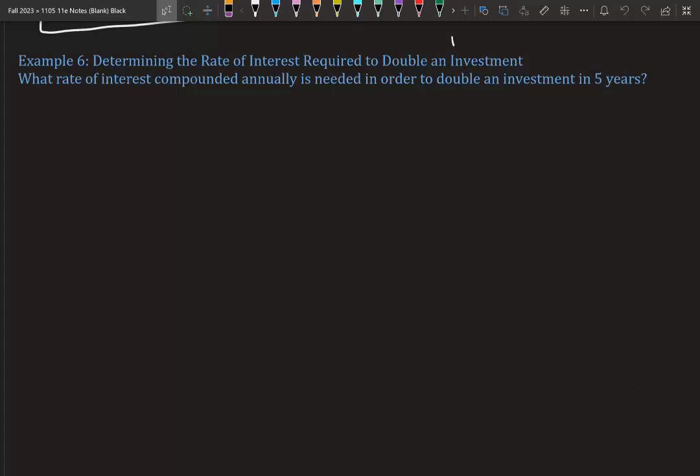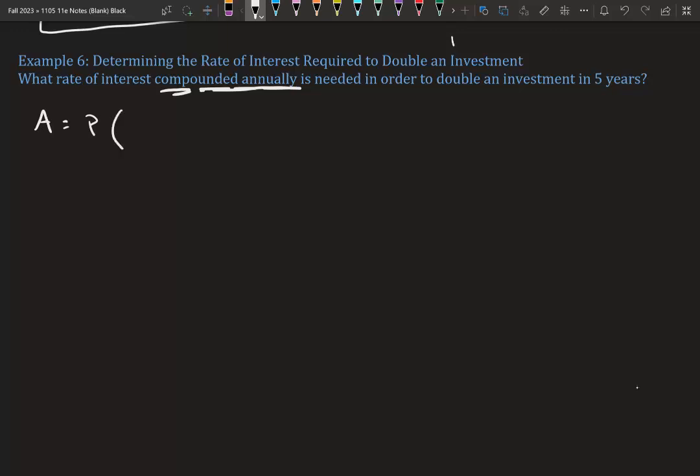If I have it for 5 years, what interest rate should I shop for to double my investment? Since we're compounding, this is not saying how much do I need to fork up now. This is how much can I get later. If you're asking how much can I get later, you're finding A.